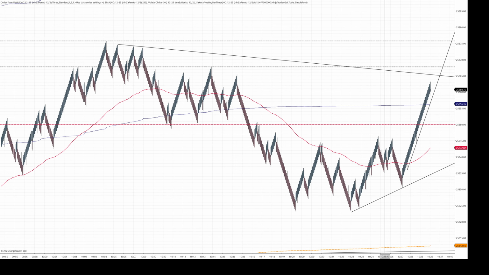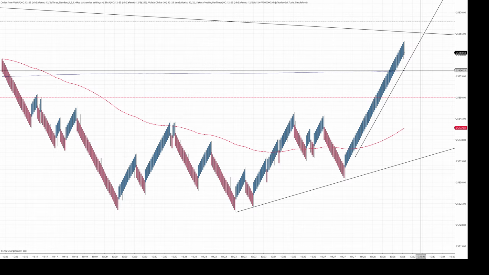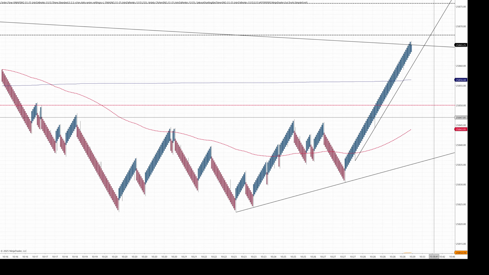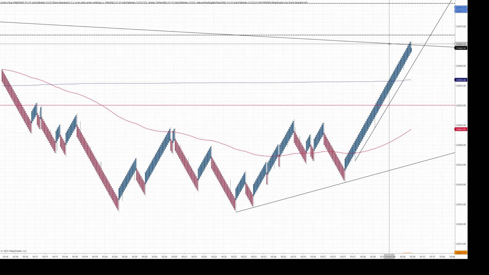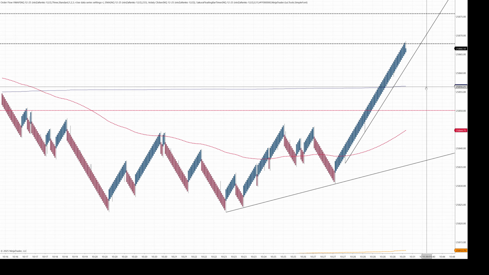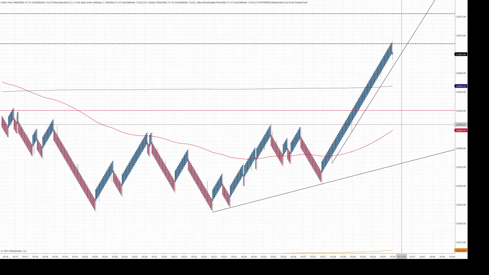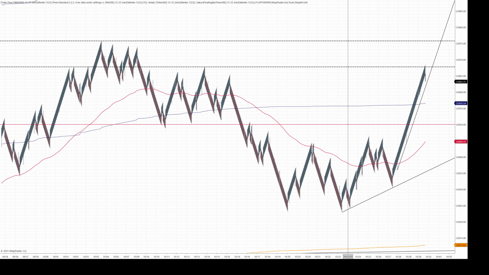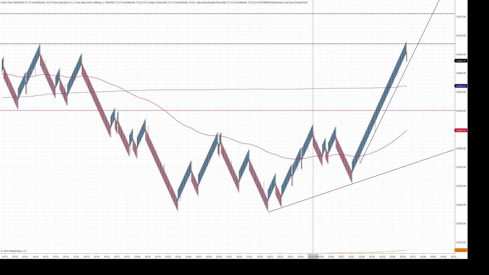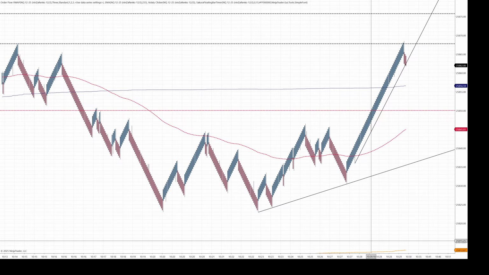We do have this bigger downward trend line in the way. Let's see if we can clear it. We did. Yeah, funny how that works. You get stopped out and then it hits target, right?